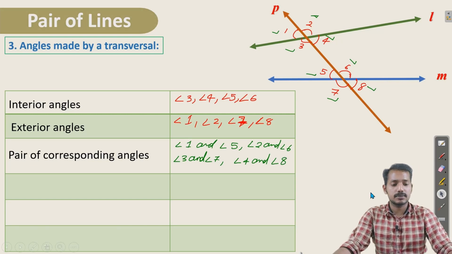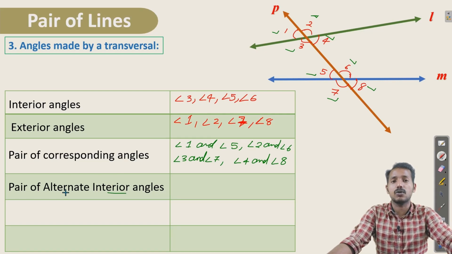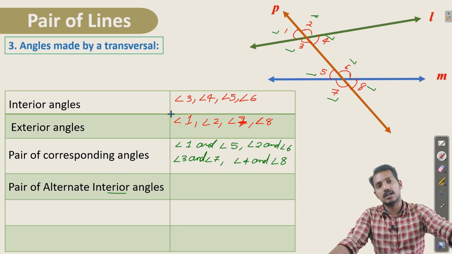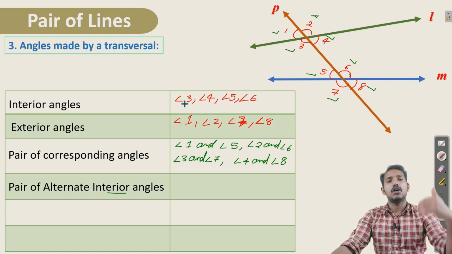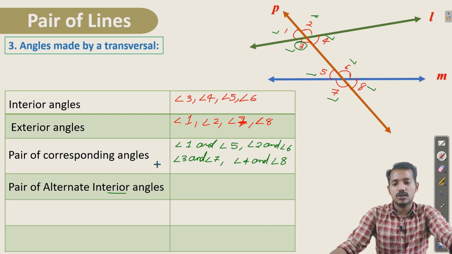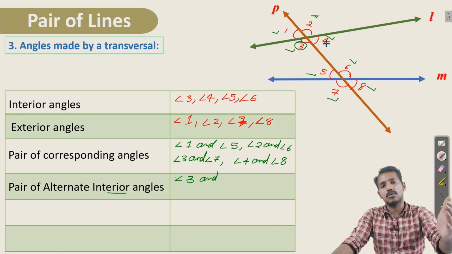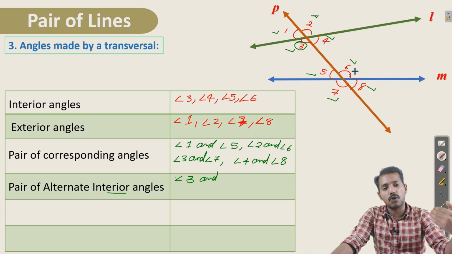Next type of angle is pairs of alternate interior angles. They are interior angles, but they are on alternate sides of the transversal and also on different lines. Taking angle 3 first, angle 3 is formed on the left side. So we have to take the angle formed on the right side and also formed by the second line.